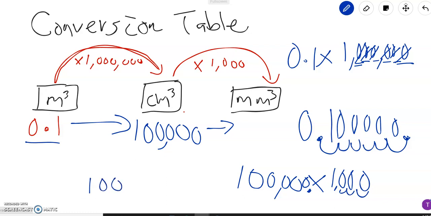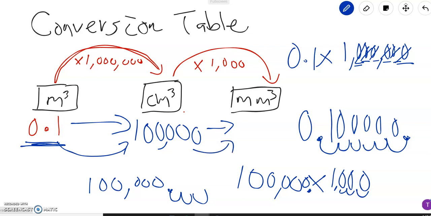So if we do 100,000 and we add 3 more zeros, 1, 2, 3, that means something that is 0.1 cubic meters is 100,000 cubic centimeters, and even more than that, it is 100 million cubic millimeters. So the difference when we talk about cubic units is much bigger than when we're just changing meters, centimeters, and millimeters.